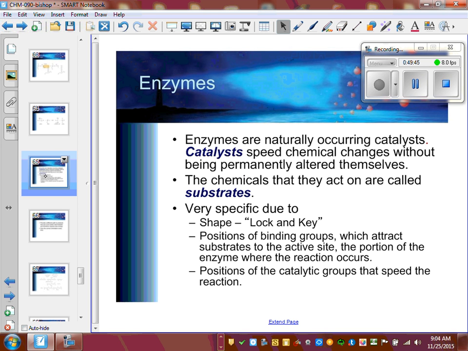Because you think about when a reaction occurs, two molecules have to come together, first of all, with sufficient force to react, but in a specific orientation. They can't come like this, it doesn't do any good, they have to come like this. So what the enzyme does is grab the molecule that's reacting and orient it. Okay, now it can react.